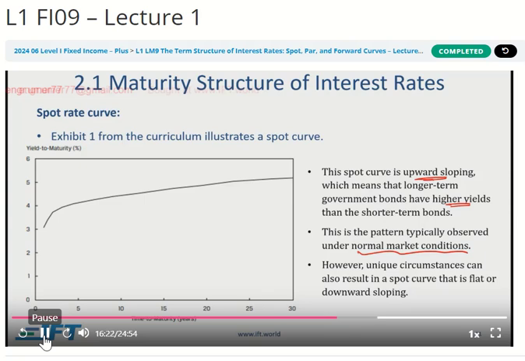And if the market participants expect inflation to go down, they will already start paying higher prices for the longer term bonds, which will bring the yield of the longer term bonds down, right? And then the yield curve will be inverted. So that's what happens. In unusual circumstances, the spot curve can be even flat and even downward sloping.